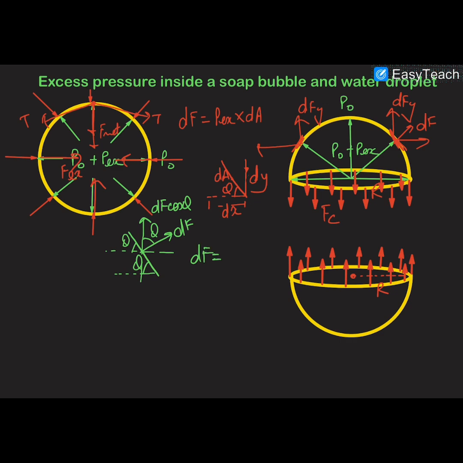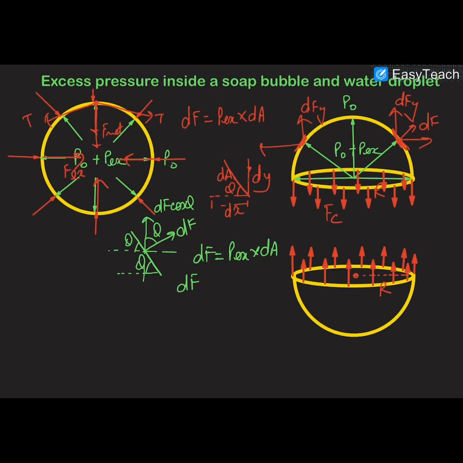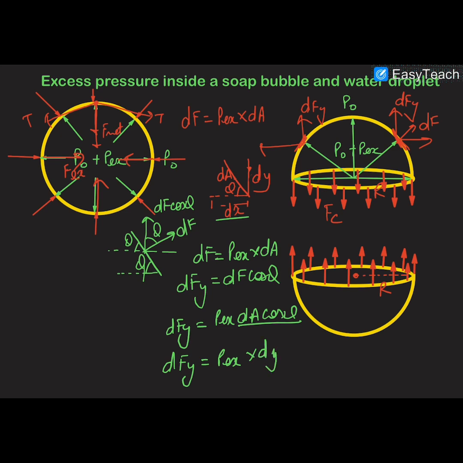Now dF is P excess into area dA. So dFy will be equal to P excess into dA cos theta, and dA cos theta is dx. So we can say that dFy is P excess into dx. This is the force component in y direction.